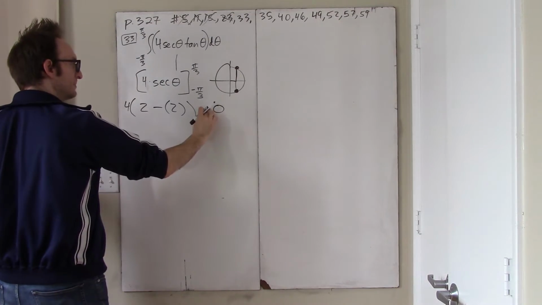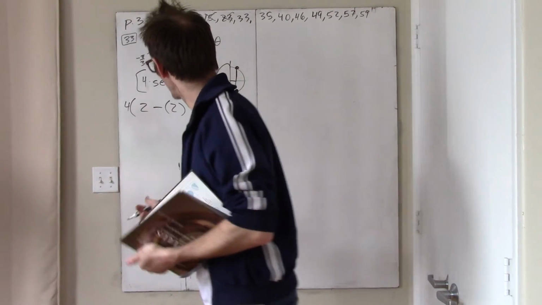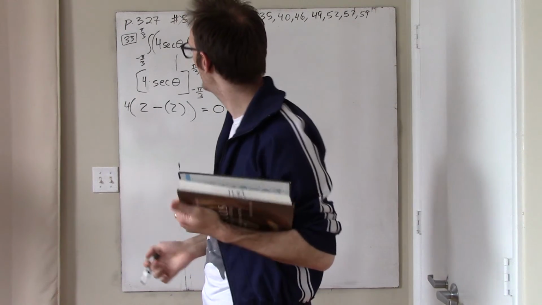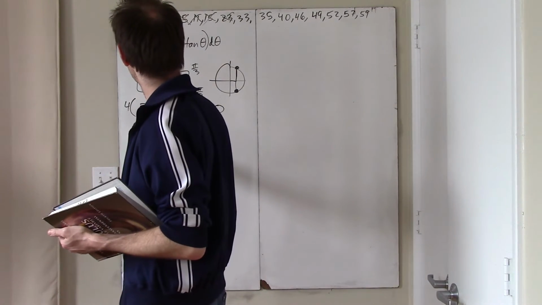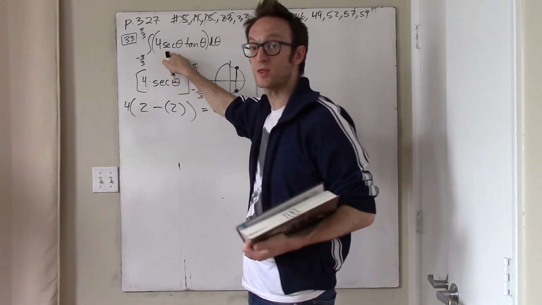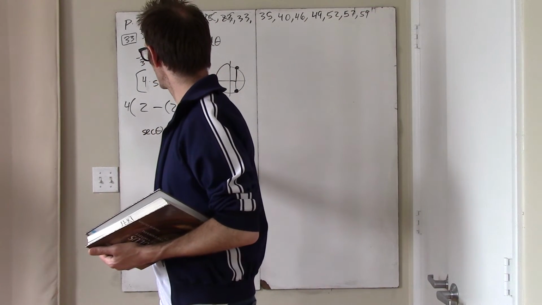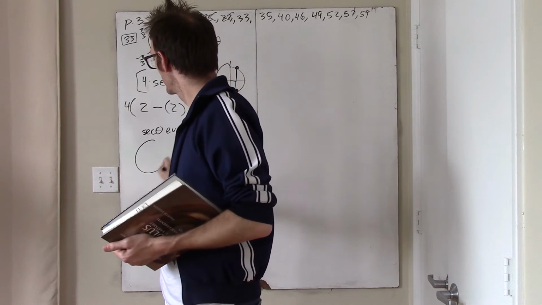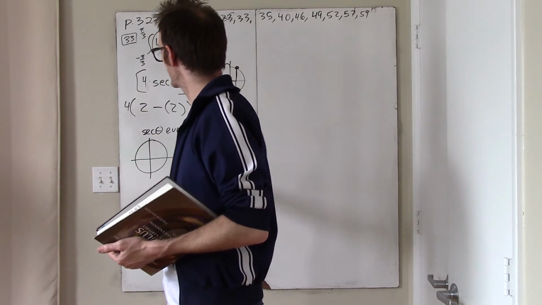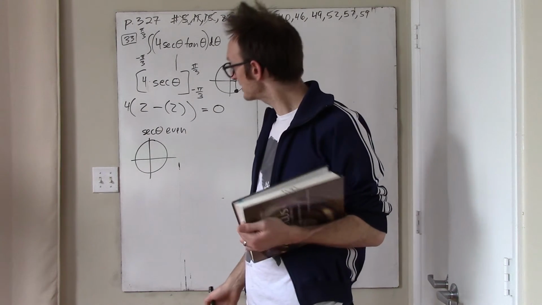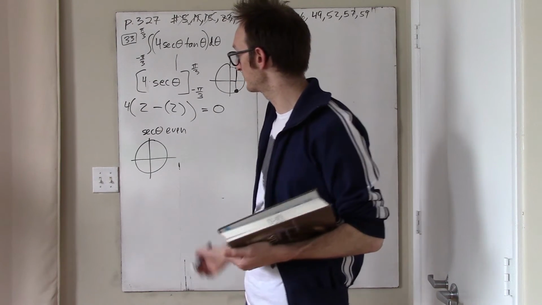So what does that mean? Well, okay, how did I sort of know that in advance? I knew that in advance because I know that secant theta is an even function. So secant theta is even is a fact. In fact, it's kind of almost lame to draw the graph even because the proof of this is just based on the unit circle.